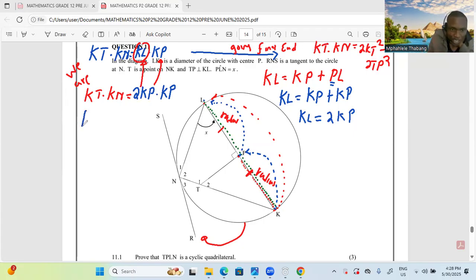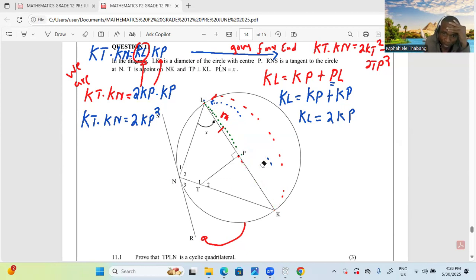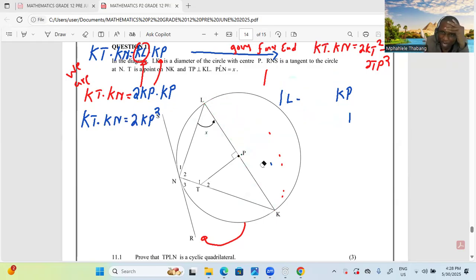Now you have KT times KN equals 2KP squared, KP times KP. And this KP squared, it is not there in my final answer.